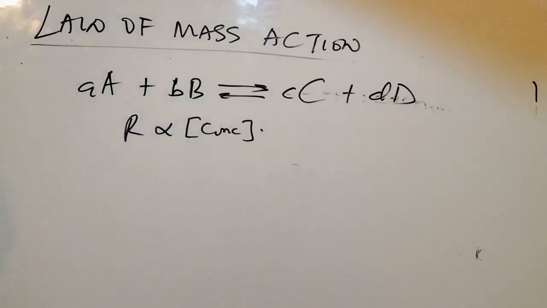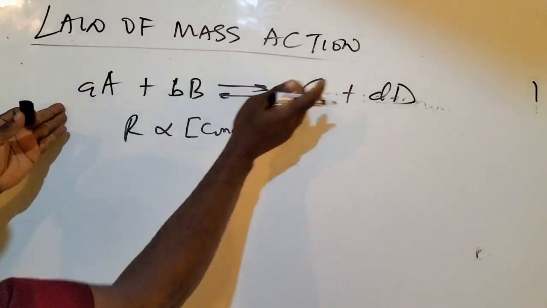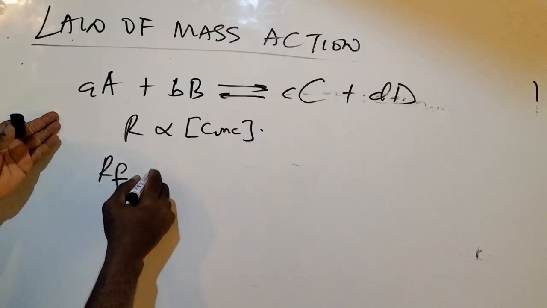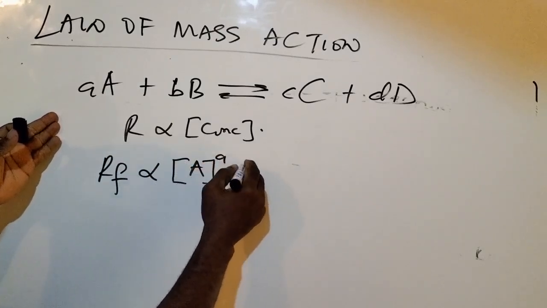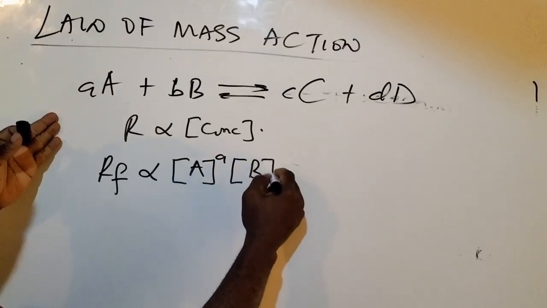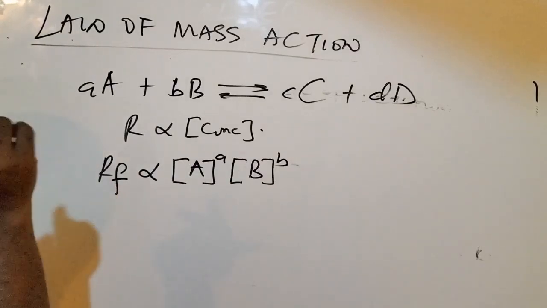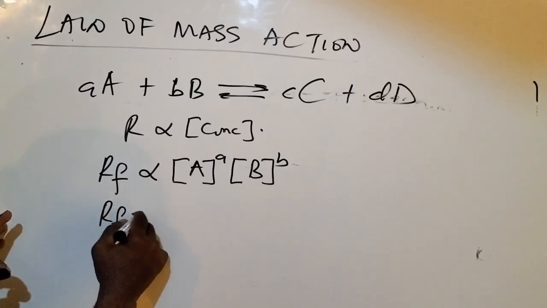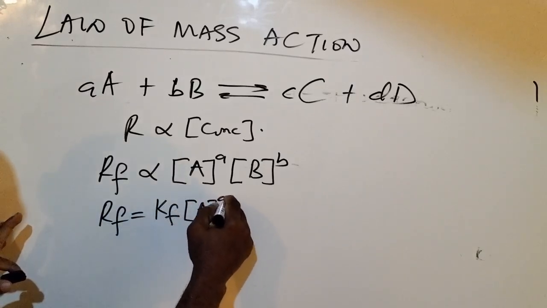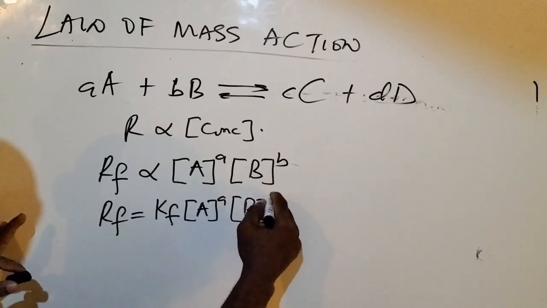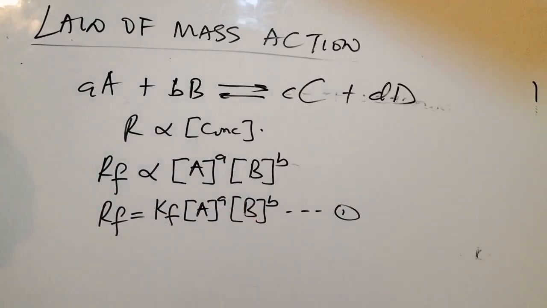If you want to write the rate for the forward reaction, the first arrow, reactant going to product, I write RF is proportional to the concentration of A raised to the power of its number of moles, times that of B raised to the power of its number of moles, where RF means rate of forward reaction. Then I can also write RF equal to KF, A to the power a, B to the power b. KF is nothing but the rate constant of the forward reaction.